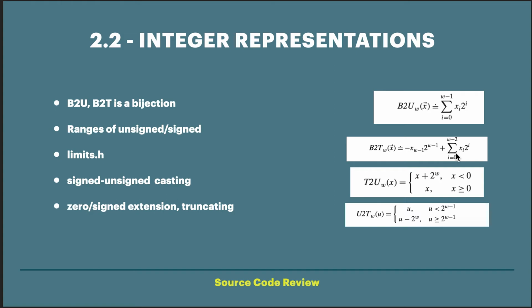And an interesting thing to note is there's one more negative number than there are positive numbers, so the range isn't symmetric around 0 in 2's complement. Essentially the biggest place, the most significant bit, is the sign bit.